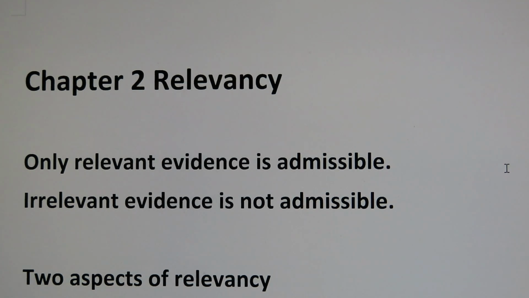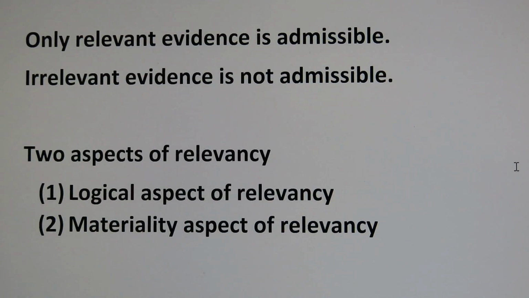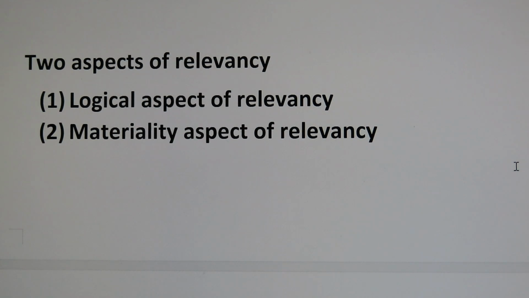but when we really want to discuss the issue of relevancy, the issue is actually a lot more complicated, because in this relevancy discussion, we need to understand we have two aspects of relevancy. The first one is the logical aspect of relevancy, and the second aspect is the materiality aspect of relevancy.